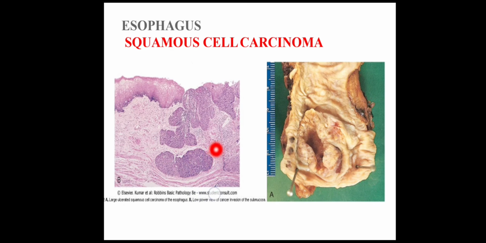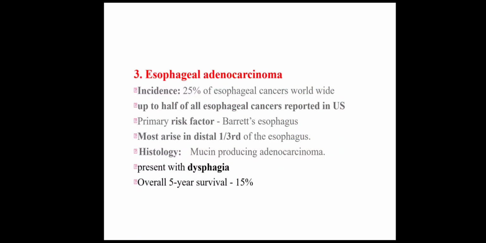This kind of infiltration, that is nest formation in the submucosal region, is a characteristic feature of squamous cell carcinoma. This is how the polypoid and ulcerated lesion of squamous cell carcinoma will look.